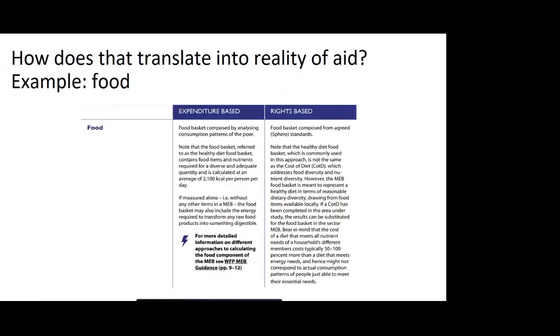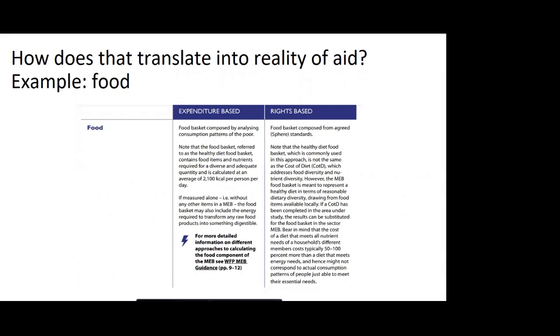The example I wanted to focus on is food. If you apply the expenditure-based idea, we would be looking at the food basket that households are actually buying, and there would always be that minimum average of calories per day, because that's more or less what people would normally consume, and it's a standard, an average across all contexts, already agreed at the international level.